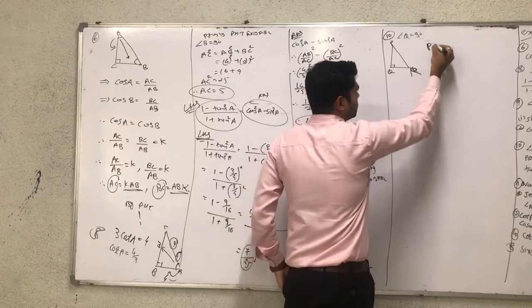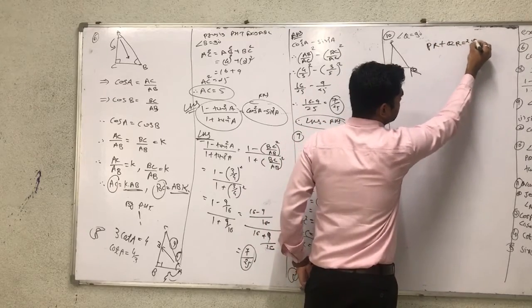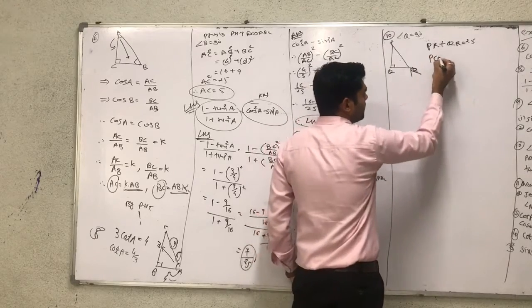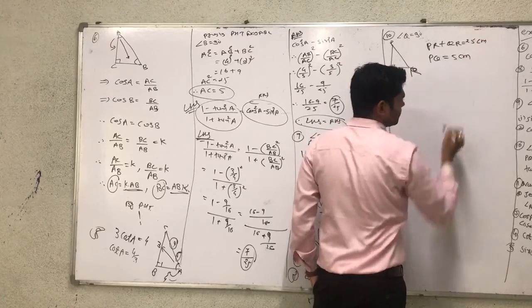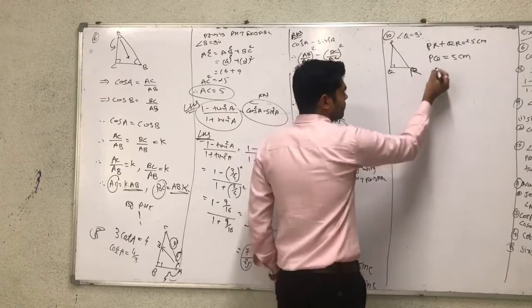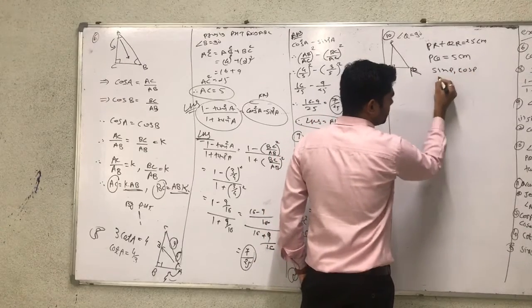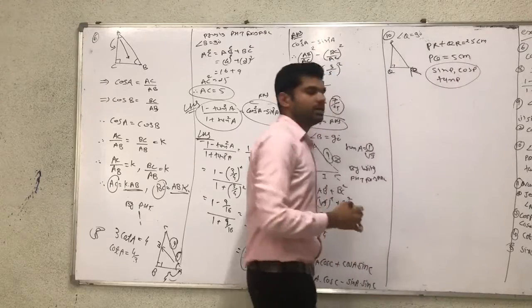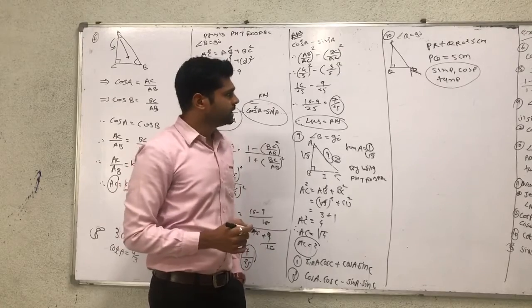Another value: PR plus QR is equal to 25 and PQ is equal to 5 centimeter. So find sin P, cos P and tan P. Find the values of sin P, cos P and tan P.